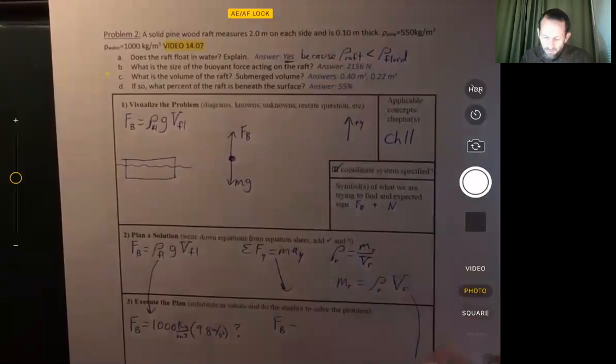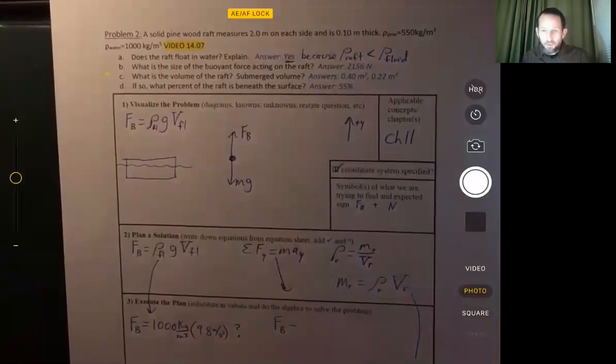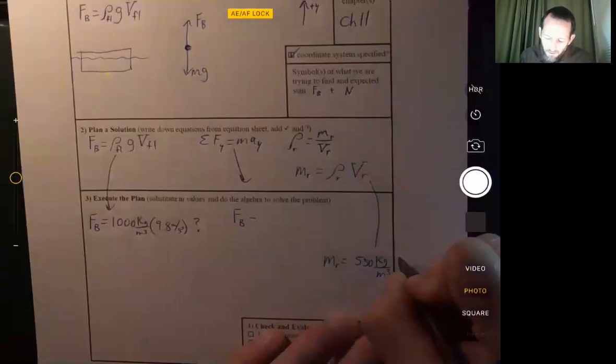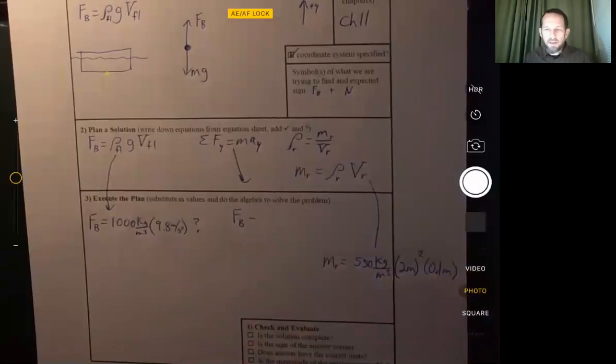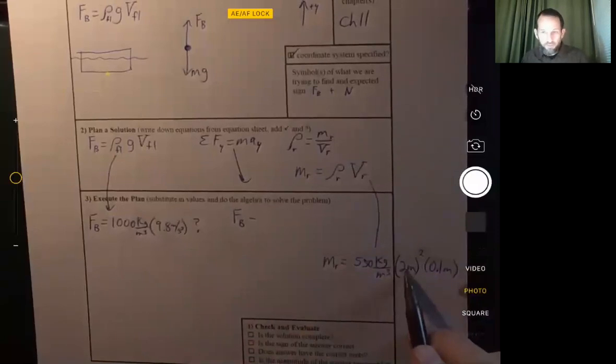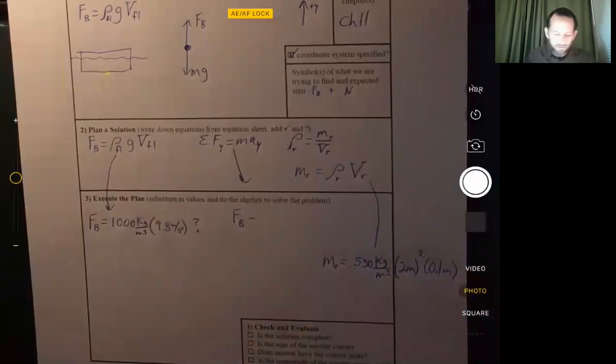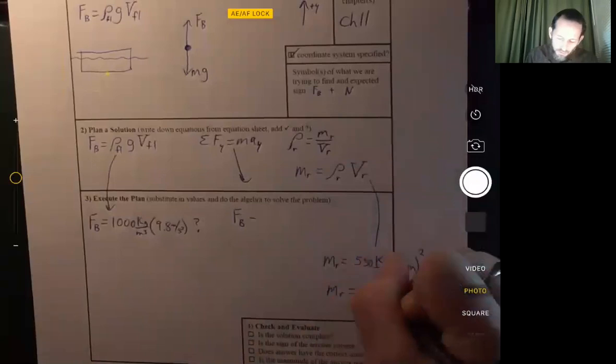So the mass of the raft equals 550 kilograms per cubic meter times, what's the volume of the raft? Well, it's 2 meters times 2 meters times 0.1 meters, so length times width times height. Now we can calculate the mass, 550 times 2 times 2 times 0.1, and that comes out to 220 kilograms.